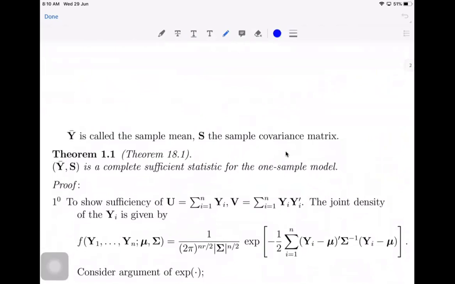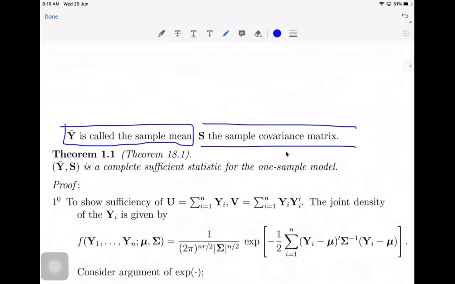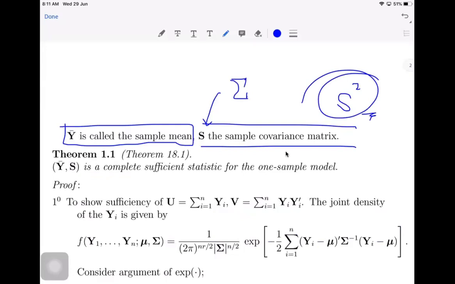So y bar will be called the sample mean, and S will be called the sample covariance matrix. Again, S here will be an estimate of your sigma. We do not use the usual notation s squared, which we know, because this is the usual notation of a variance or a covariance matrix on the sample side.